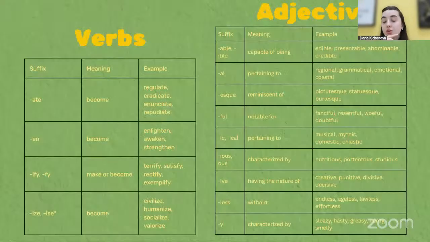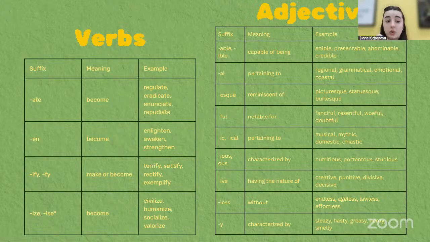But if we are talking about verbs and adjectives, when we're talking about verbs we don't have a lot of them, we have ate, en, ify, fy, and ise, or etc. So regulate, enlighten, terrify, humanize, and etc. So here you can see that we don't have a lot of them, and you can use them to create some words.